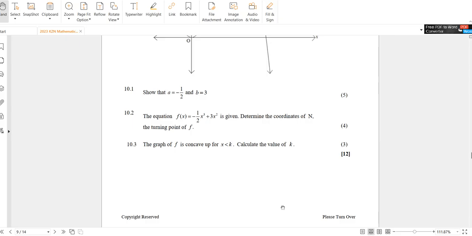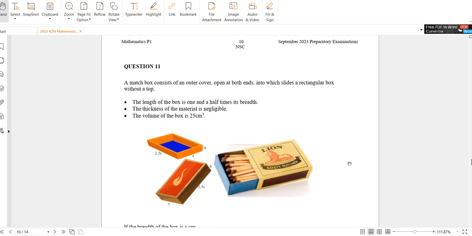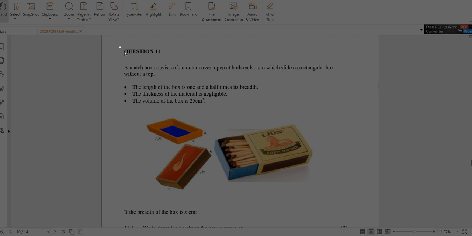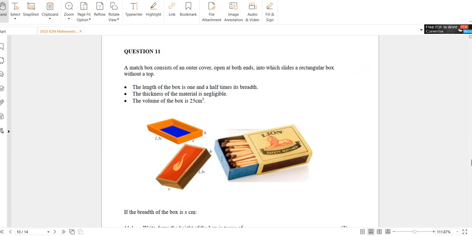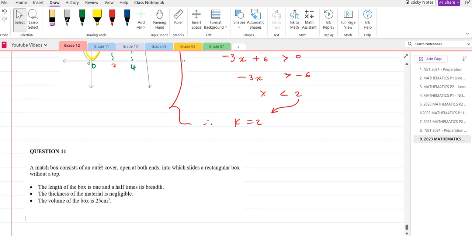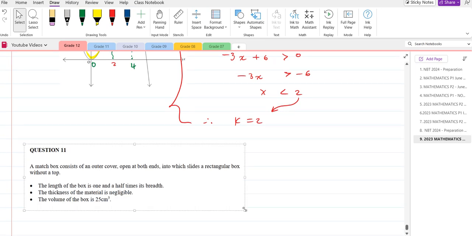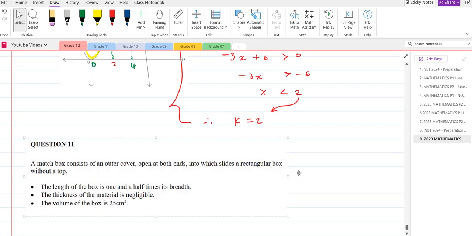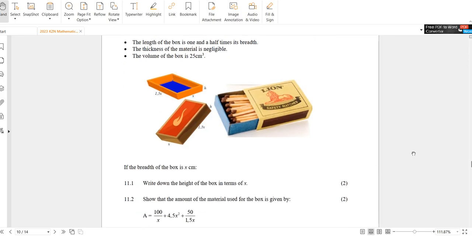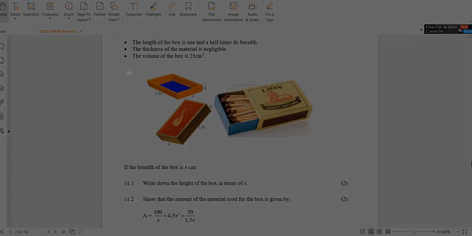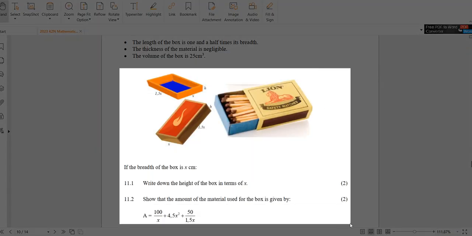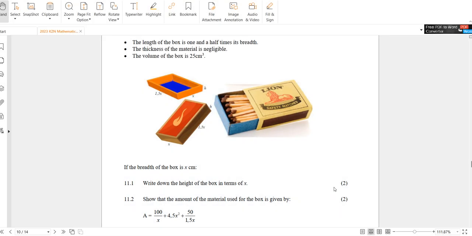Moving on to the next problem, which is question 11, maximization. Let's try to make sense of this problem.